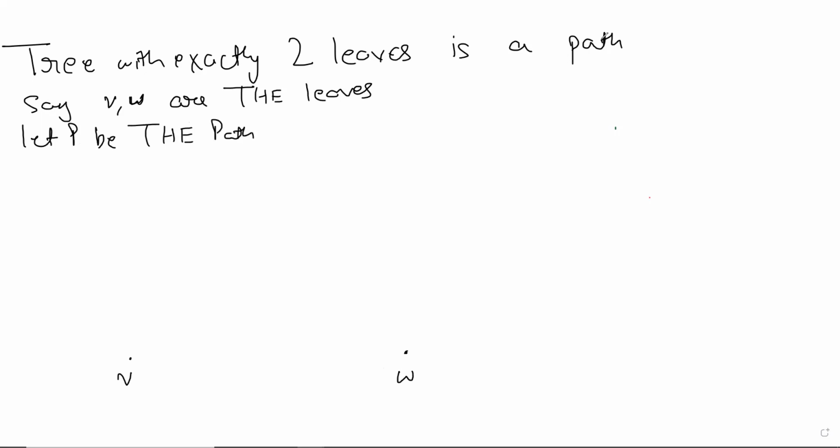Path is just what we intuitively understand, a sequence of edges. So there is a path between V and W in T.